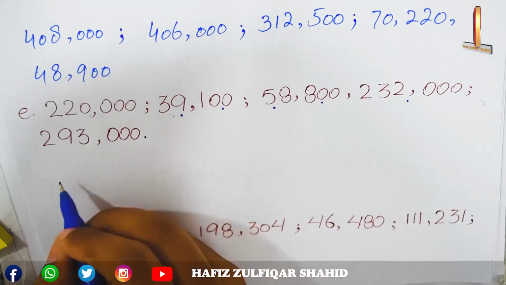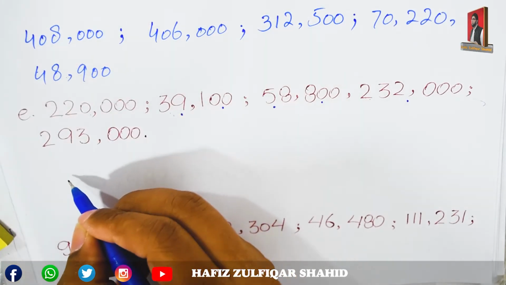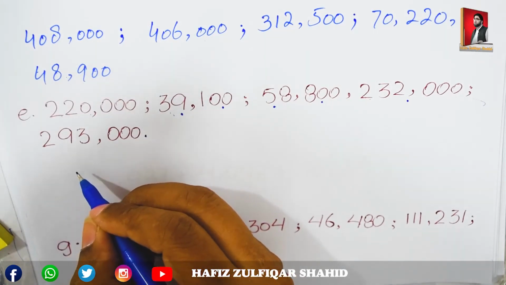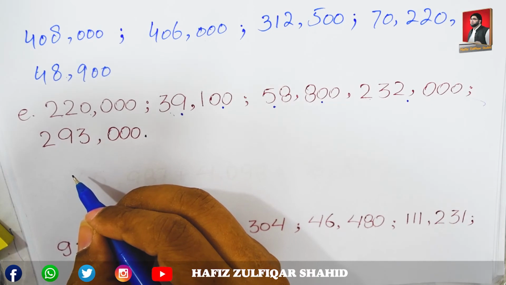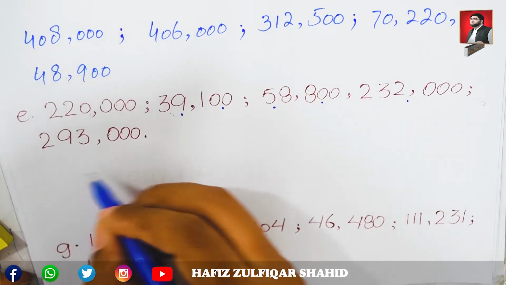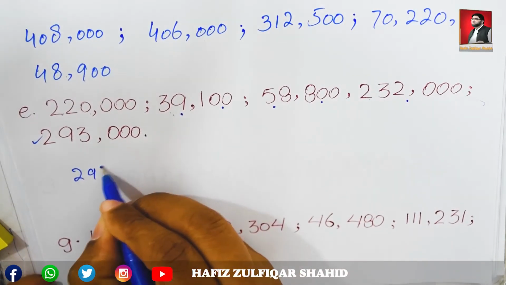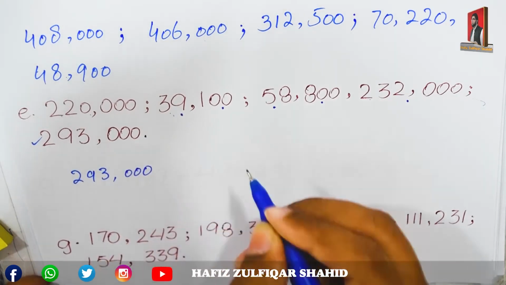Let's arrange according to descending order. Write down the greatest value first, or the largest value first. And here we have the largest one, 293,000.